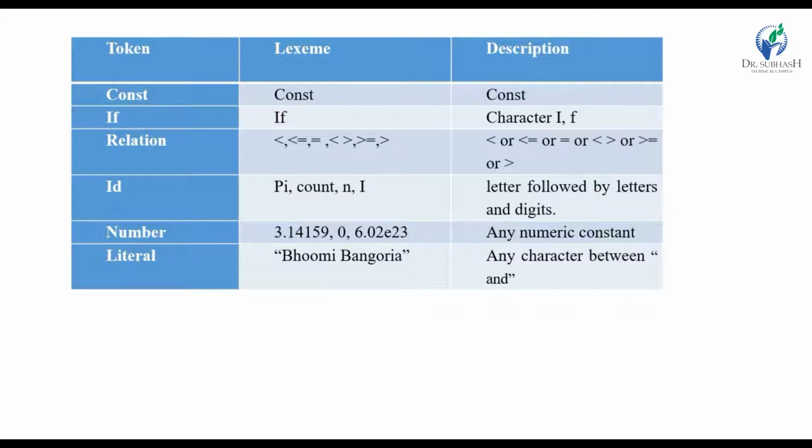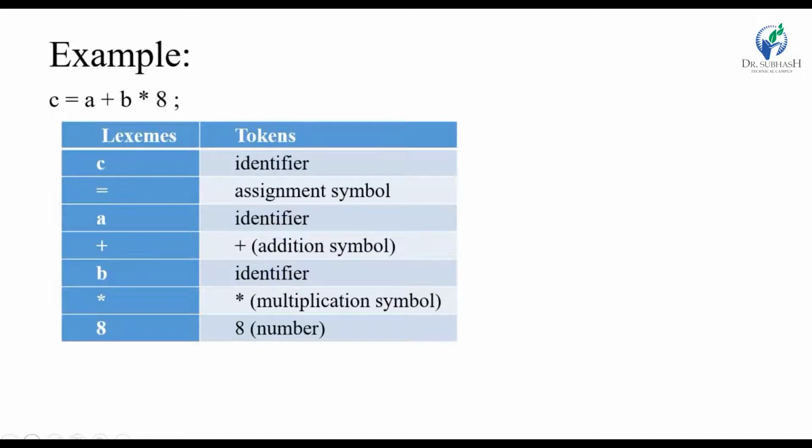So next is an example: C is equal to A plus B into 8. How is this source program identified by the lexical analyzer? It scans the source program from left to right. First is C, which is one type of identifier.